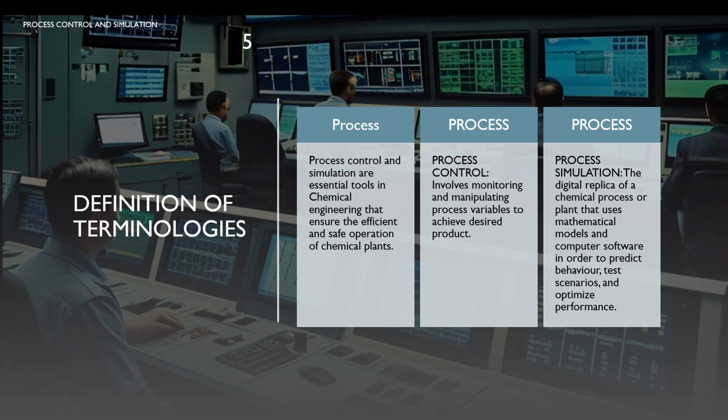Let's say you want to produce ammonia. You need to monitor the temperature, the pressure. You need to take into account Le Chatelier's principle, which governs the direction or the shift of equilibrium. So you need to monitor all these variables, which are temperature, pressure, volume, concentration of reactants. All of that deals with process control. I don't know if you get it.